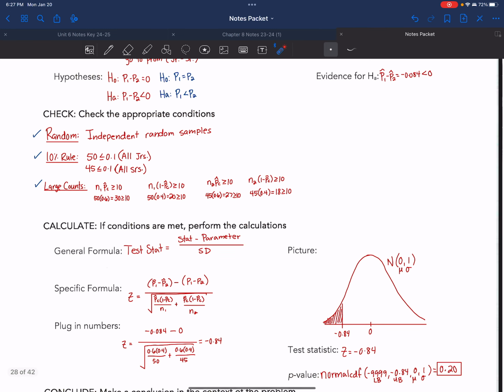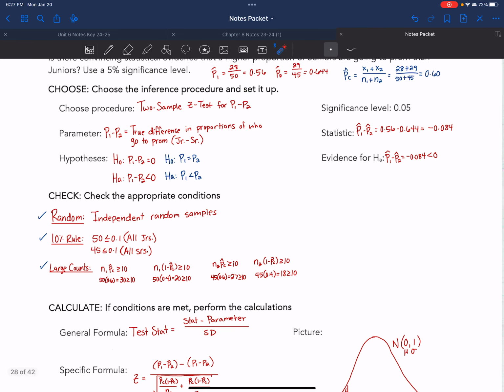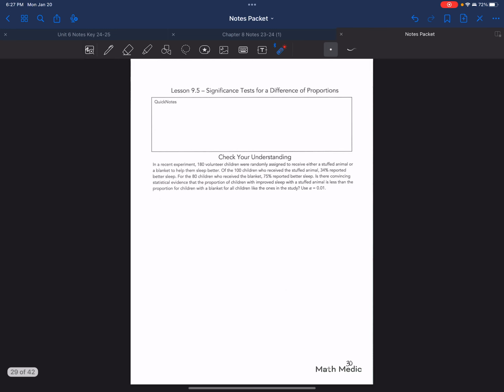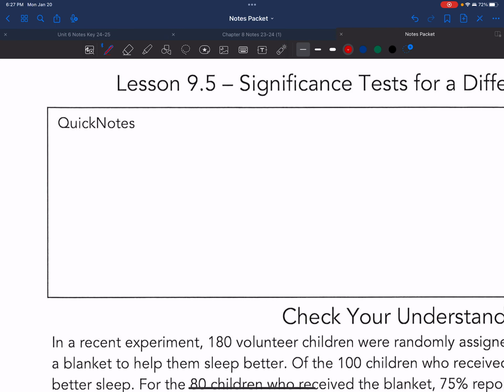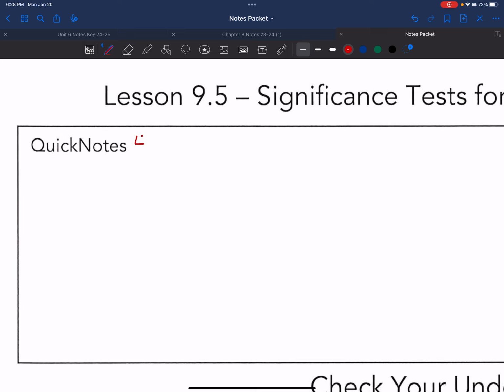The biggest takeaway here, obviously, do your conditions for both groups, okay? And then also make sure if you're doing a significance test for a difference in proportions, you have to do p hat c, okay? P hat c is the big thing, all right? So, a couple of quick notes. So for the 4C method, the biggest differences, so in the choose section, it's all the same requirements.